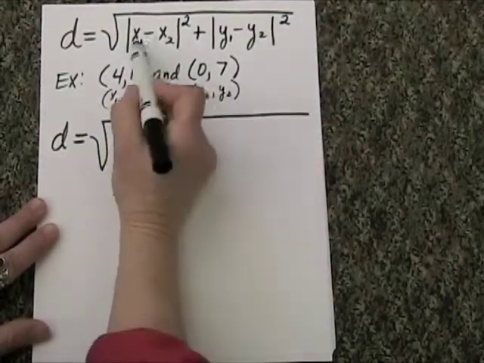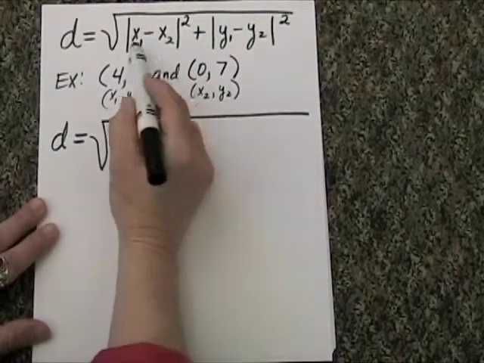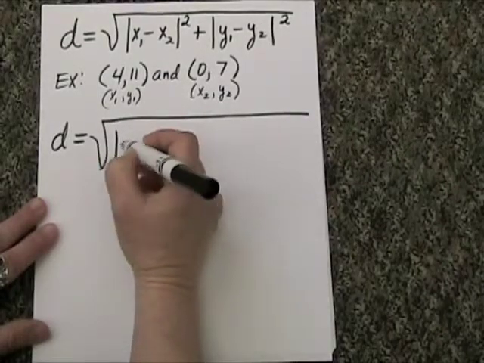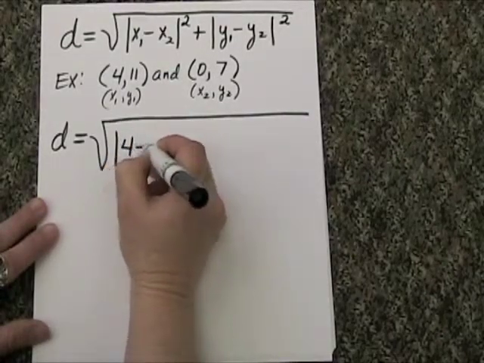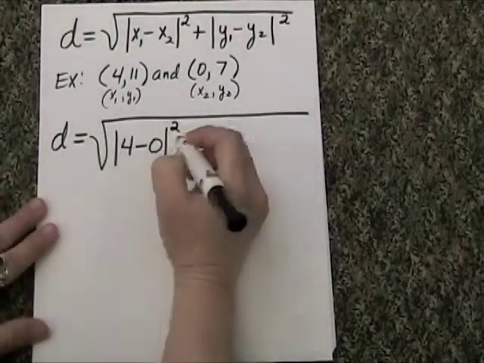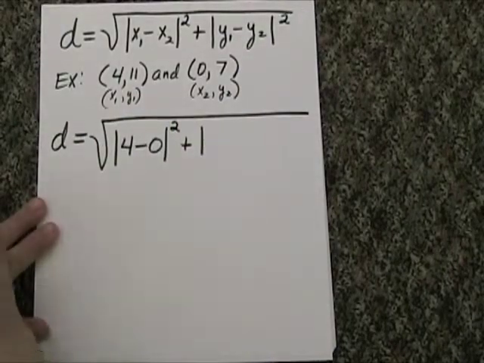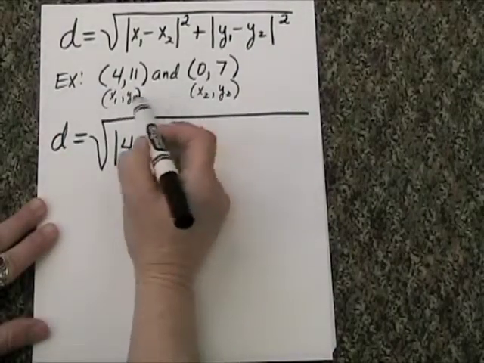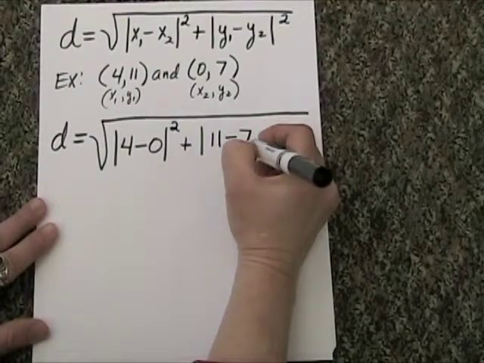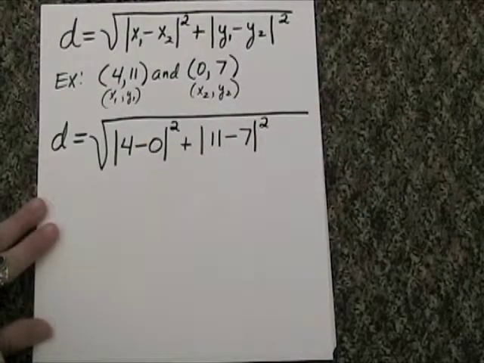All we have to do is subtract the two x's, take the absolute value, and then square. So it'll be the absolute value of 4 take away 0, absolute value squared, plus the absolute value of, now we're going to just subtract the y's, 11 minus 7, absolute value closed, and then whole amount squared.